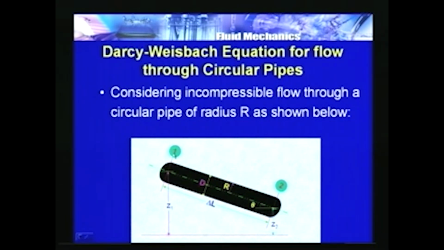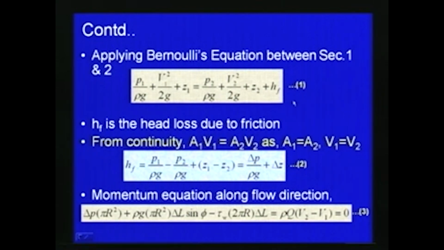Let us consider two sections, 1 and 2. At section 1 the datum height to the center line is z1, and at section 2 the datum height is z2. The length of the section we consider is delta L. For such a section, let us consider the fundamental equations.